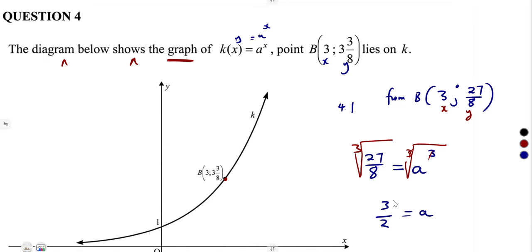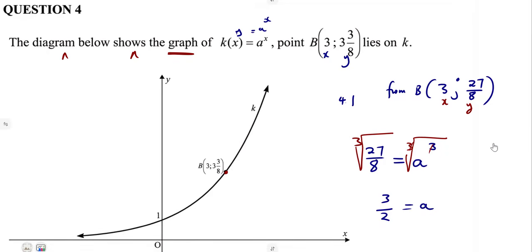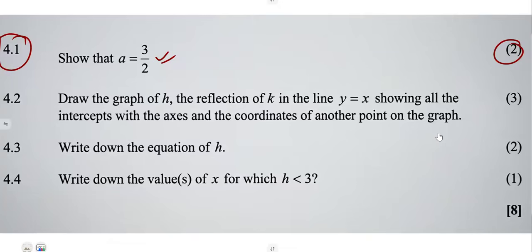Not just any calculator. Some calculators are not meant for pure mathematics. They are meant for those doing maths lit, which is just addition, subtraction, multiplication, division. But for complicated work, you must have a designed scientific calculator. All right. Anyways, that is our value of a.